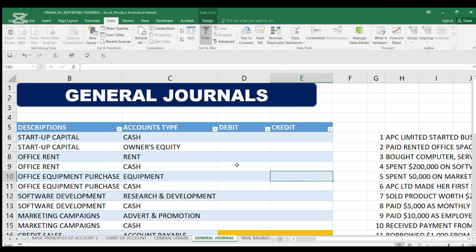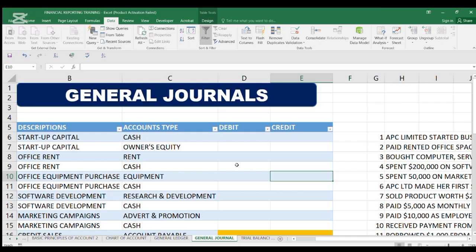As we progress, we are going to do practical on how to post on accounting software like QuickBooks, Sage, Zoho Books and all of that.